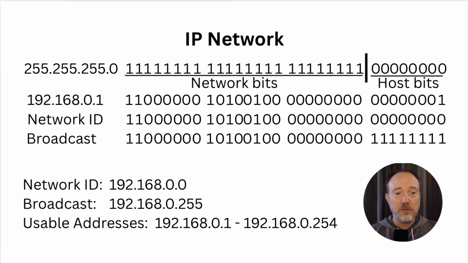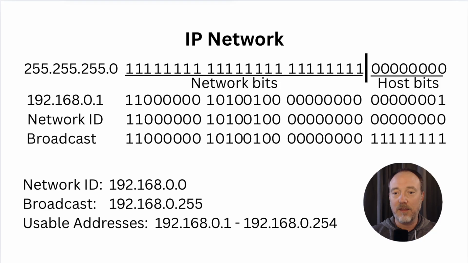So now we're done. Now that we've done these calculations that the endpoint would do, we know how to determine the network ID, the broadcast address, and what other IP addresses are part of its same local network. These steps are the same no matter what the network is.